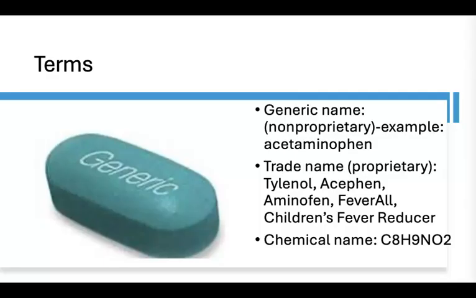Wherever you go, the medication is always going to be called acetaminophen. There may be multiple trade names because there are multiple manufacturers of acetaminophen.